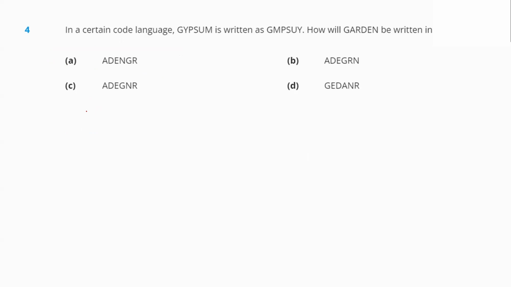In a certain code language, gypsum is written as GMPSUY. Then how will garden be written in that same language? So we write gypsum here. It is written as GMPSUY. The thing you can see is that the letters are in an increasing way of their alphabet series.